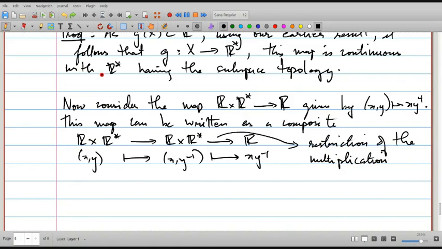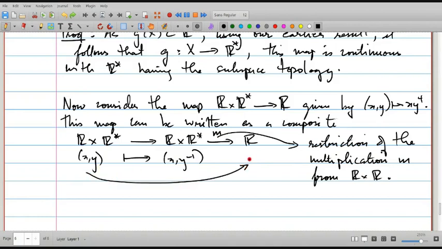Let me just write this as M. So the composite is just x comma y goes to x y inverse.